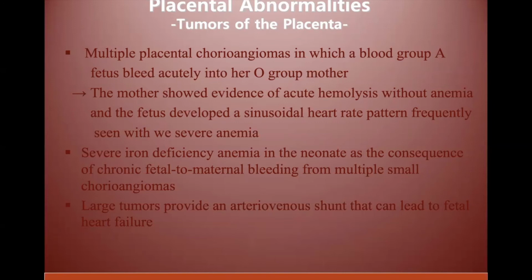And also severe iron deficiency anemia in the neonate as a consequence of chronic fetal to maternal bleeding from multiple small chorioangiomas. Large tumors provide an arteriovenous shunt that can lead to fetal heart failure.